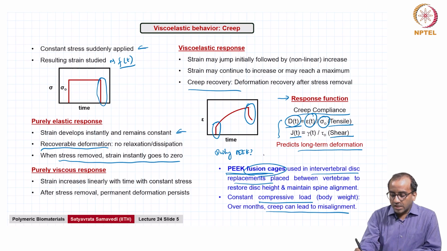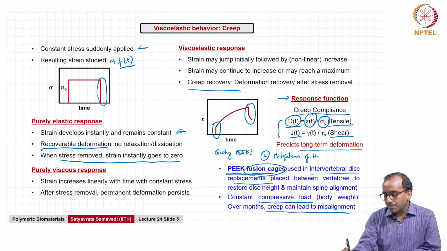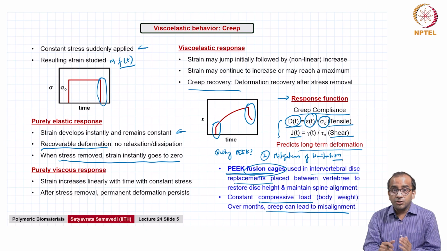The second question you can ask is, if it undergoes creep, what are some strategies to mitigate that? This is the limitation. So, what is the strategy to mitigate?